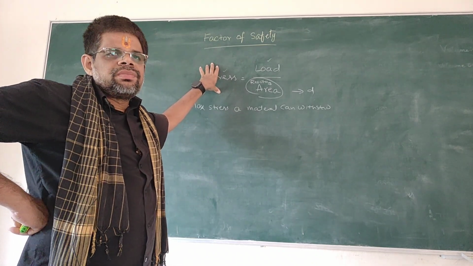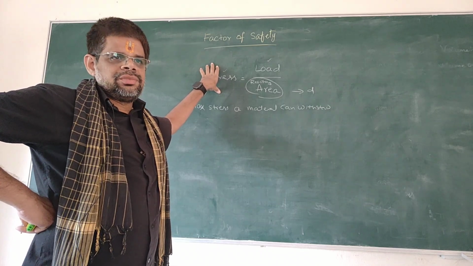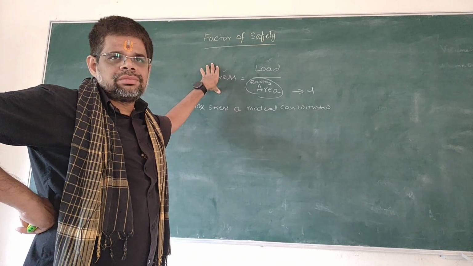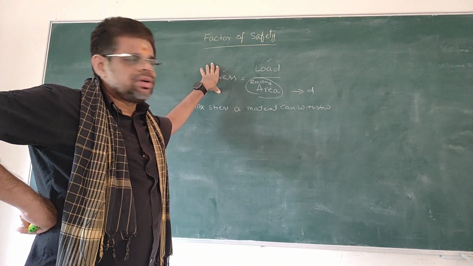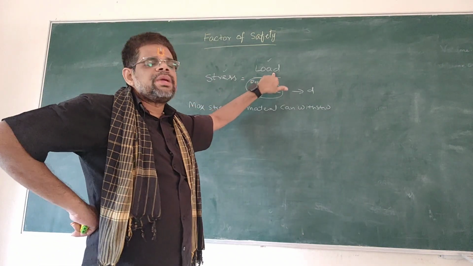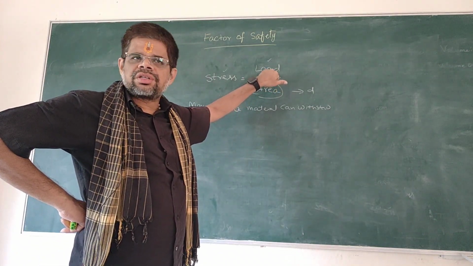For example, you have taken mild steel. For mild steel, there will be a maximum stress value. It is a fixed value. So that has to be taken here. And this load depends upon the working conditions in which our component is going to work.